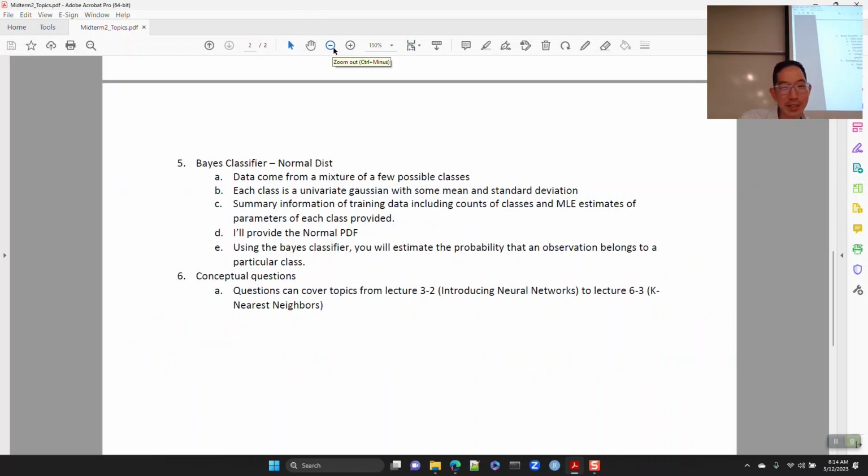Any questions? We're all good? Yes. Wait, so for the normal PDF, we'll have to punch into our calculator not the integral, but the whole thing? Yeah, you'll have to punch that in. For the likelihood, you technically don't need to include that front constant of 1 over root 2 pi.